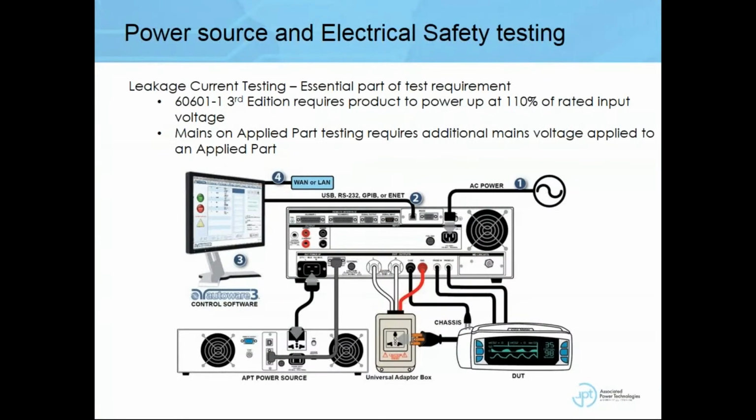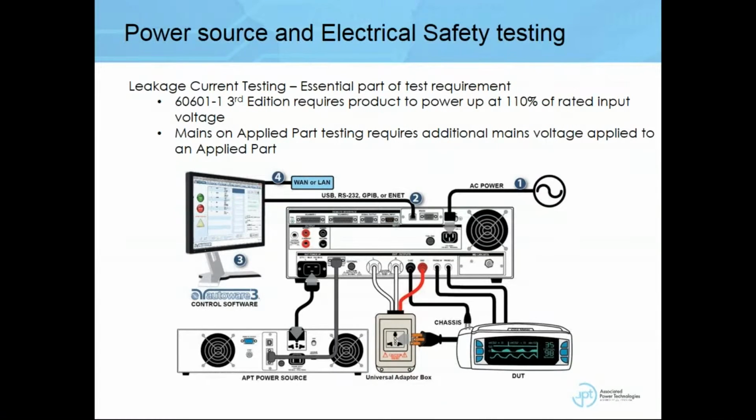Towards the end of this webinar now, this is how power supplies are used in some other applications. Electrical safety testing is one of the important aspects of product testing. When you're testing some medical devices, some of the standards like 60601-1 require you to have 110% of the power. Now, the 110% of power may not be readily available.